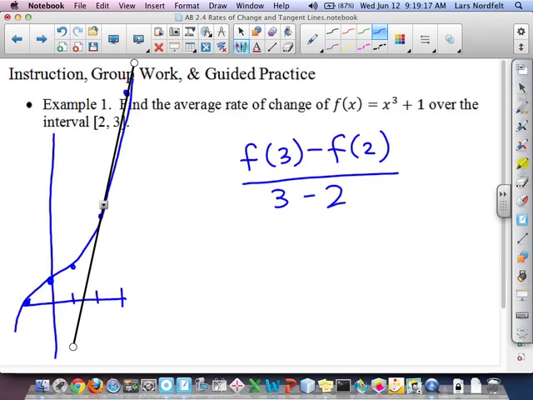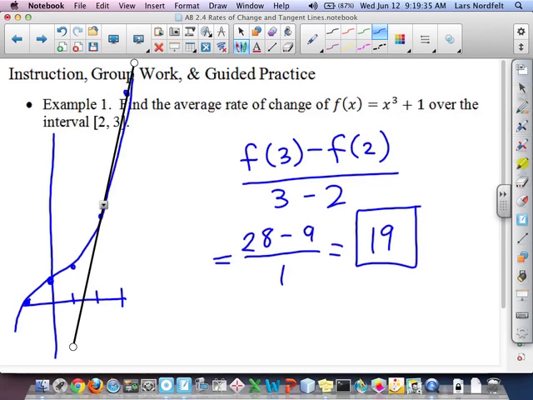The change in the function values divided by the change in the x values. So in this case, that's 28 minus 9 over 1. So 19 is the average rate of change of f over that interval. In other words, the slope of that line is 19.